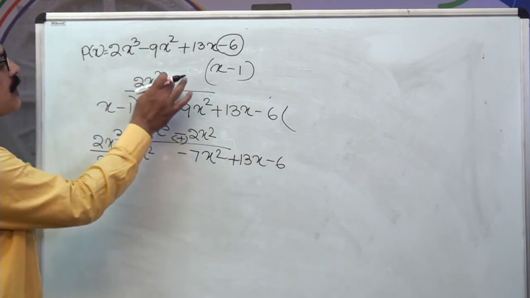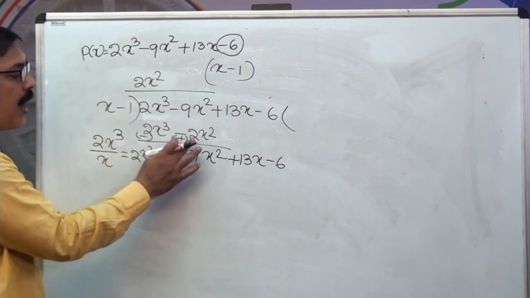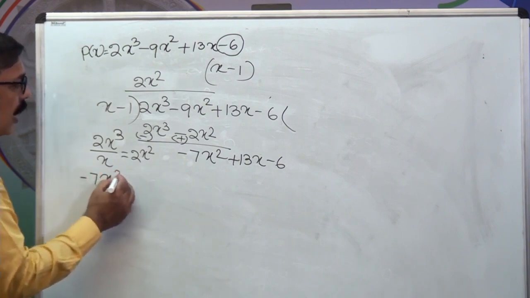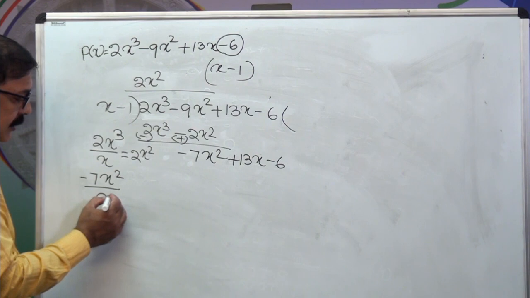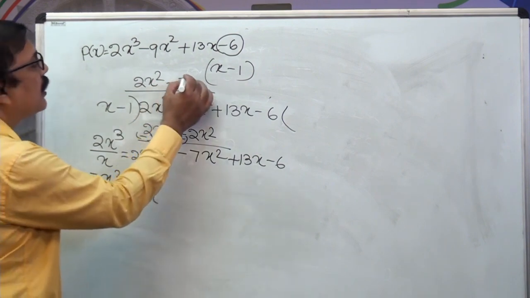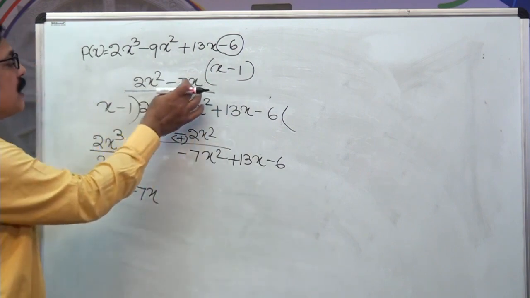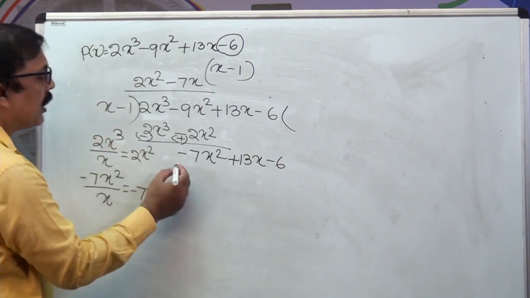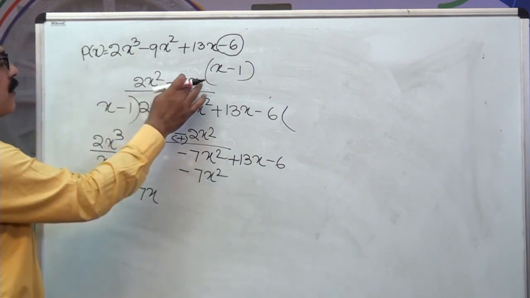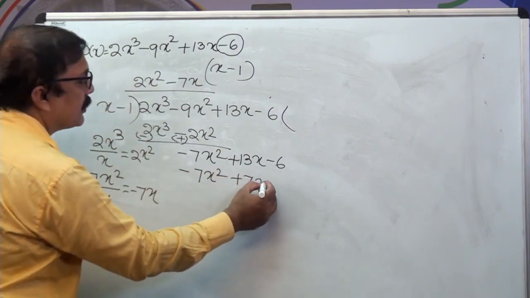So to get the second term of the quotient, we have to divide the first term of this dividend, that is −7x², by x. That gives −7x. So −7x is the second term of the quotient. So −7x into x gives −7x², and −7x into minus 1 gives plus 7x.